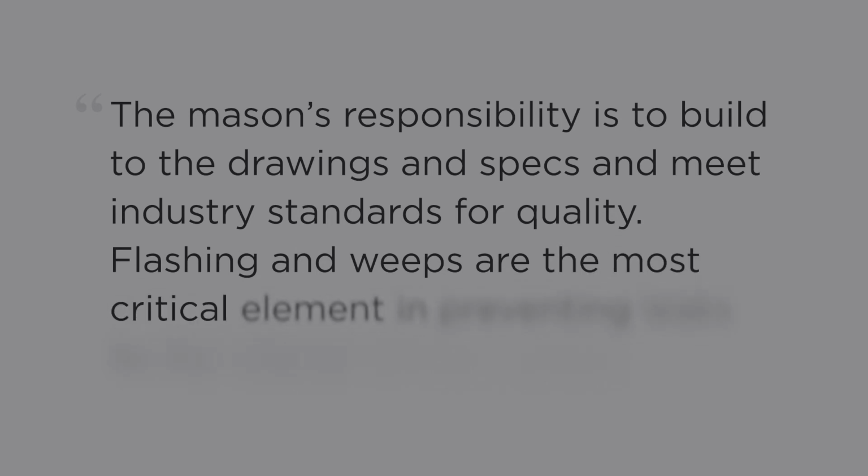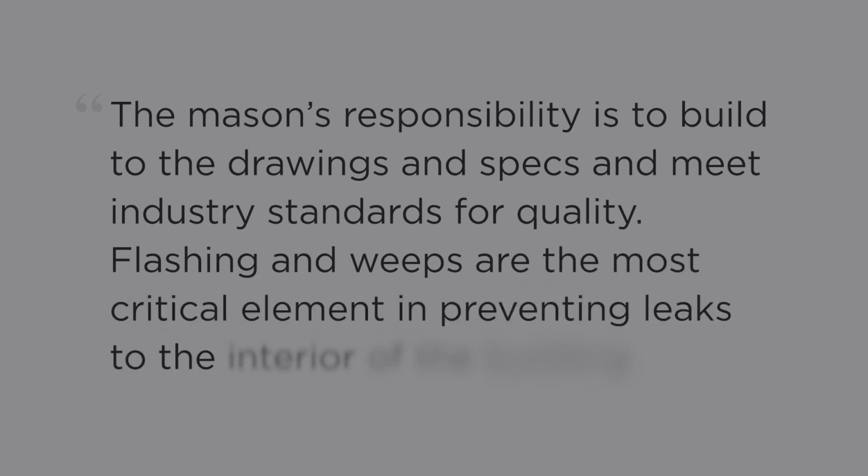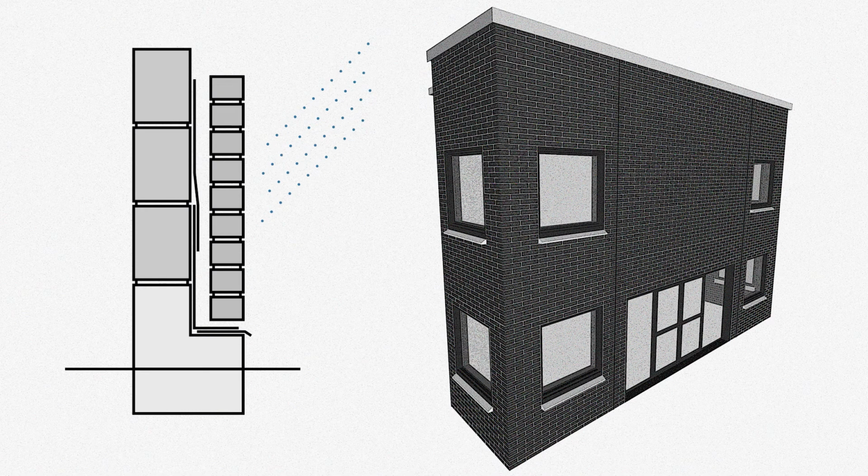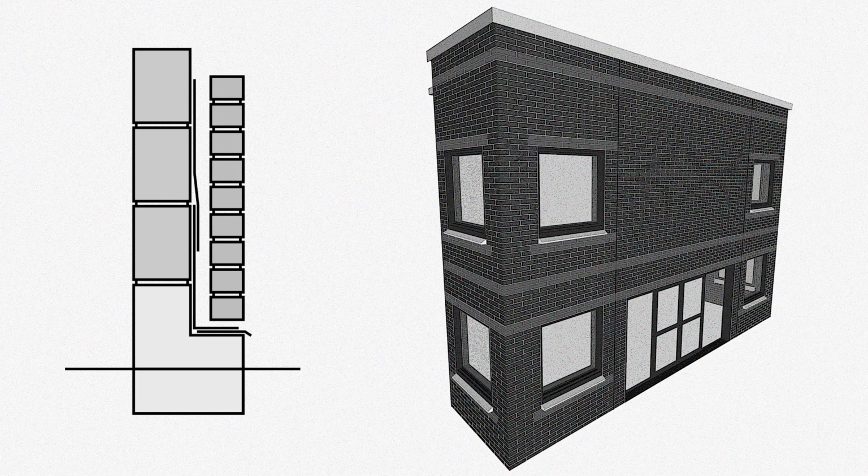Flashing and weeps are the most critical element in preventing leaks to the interior of the building. Moisture that enters the masonry wall from above travels downward through the cells of standard hollow CMU or the cavity. The moisture is intercepted by the flashing and safely directed to the exterior out weep holes.